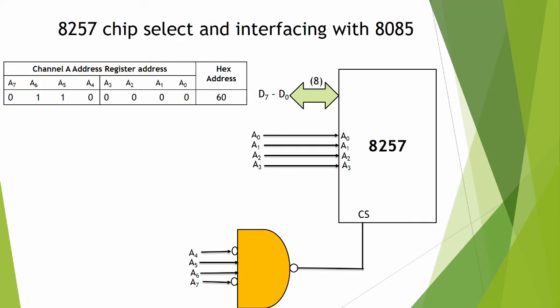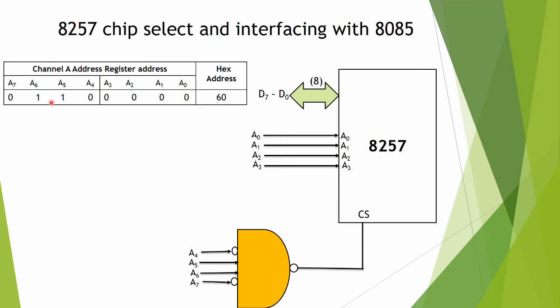Now let us understand the interfacing of the 8257 chip with the 8085. Now this is the 8257 chip, and A0 to A3 of the 8085 are connected to A0 to A3 of the DMA controller. Now let us consider that the channel 0 address register has the hex address 60H.